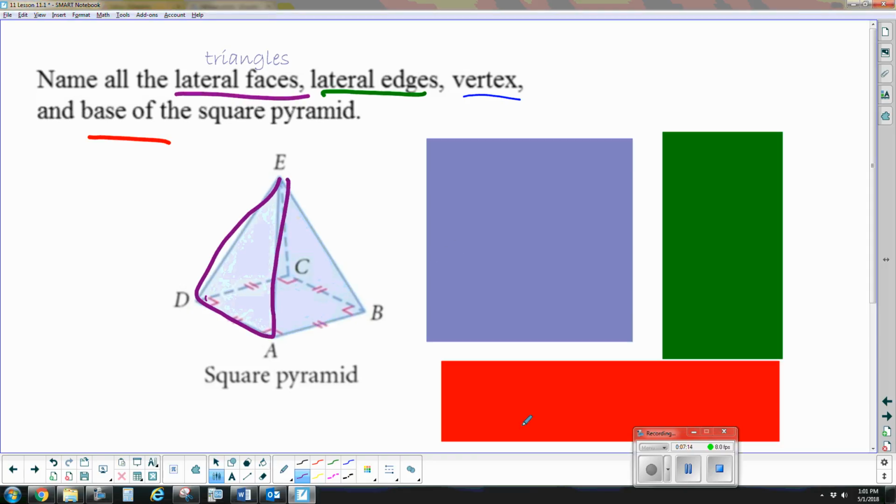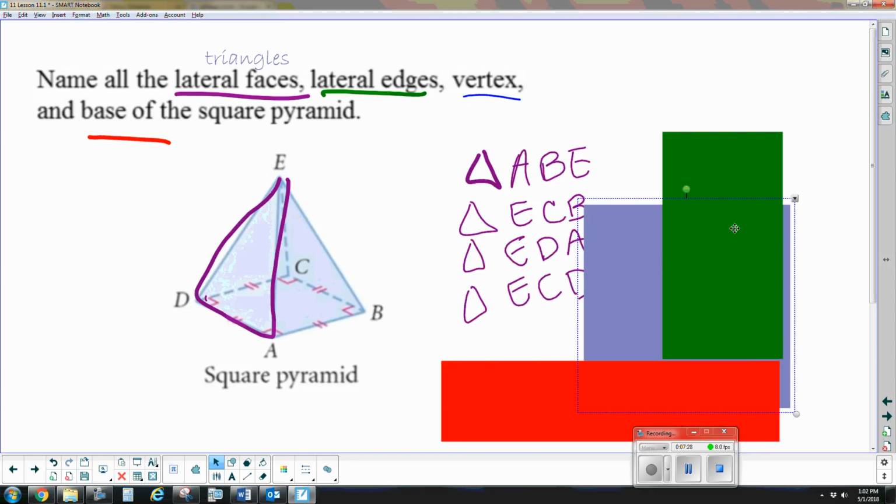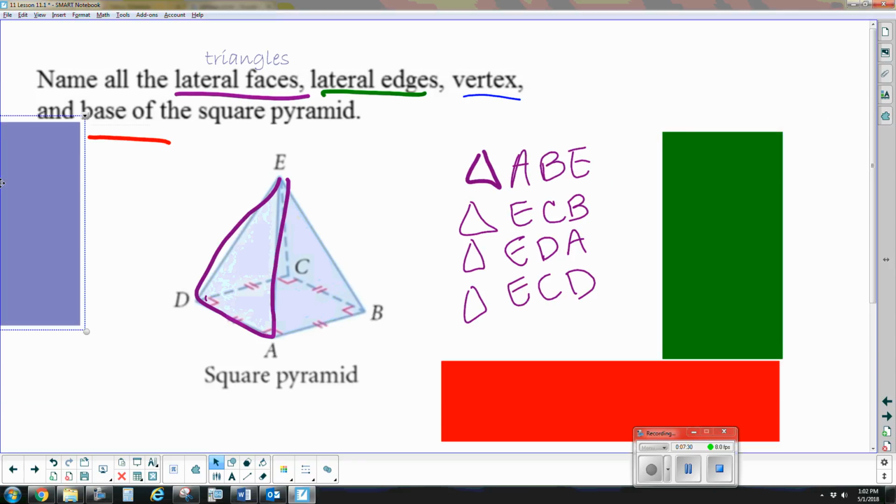So when we name triangles, we name them by their vertices. So to name all of these triangles, we would have EAD, EAB, EBC, ECD. You would have 4 triangles. So here are your 4 triangles.